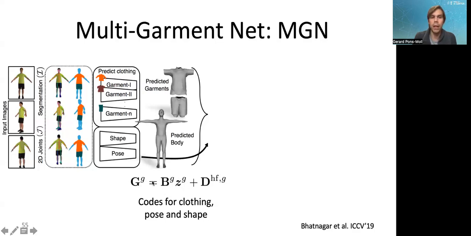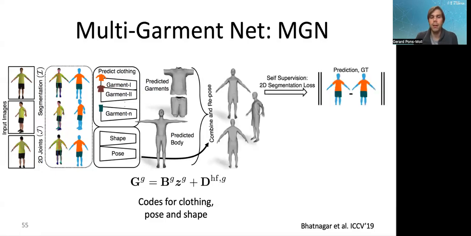And like this, you can obtain the garment plus some additional displacements that are predicted by the network in order to be able to represent things beyond the PCA space, right? And you combine those predictions, and then you basically close the loop using a self-supervised loss, where you have an overlap of the semantic segmentation in terms of the prediction and the ground truth.